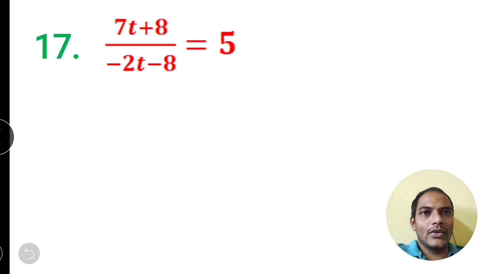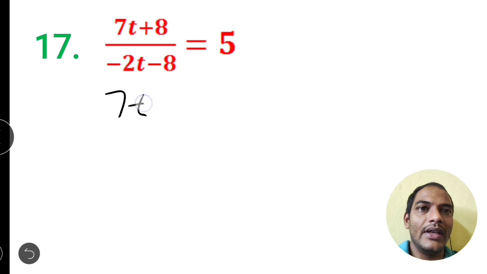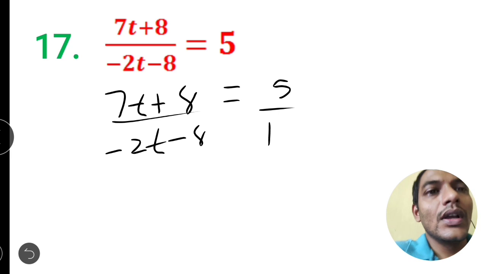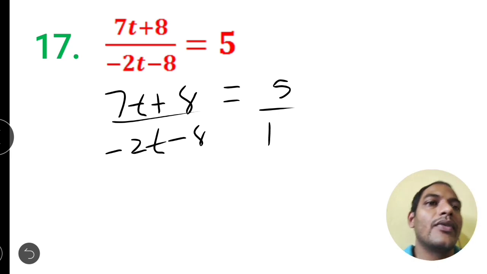Next, 17th question: 70 plus 8 by minus 2t minus 8 equals 5. See, we have a single fraction on the left side and the right side of the equal symbol. So here 70 plus 8 divided by minus 2t minus 8 equals 5, which can be written as 5 by 1. So now both sides are fractions.